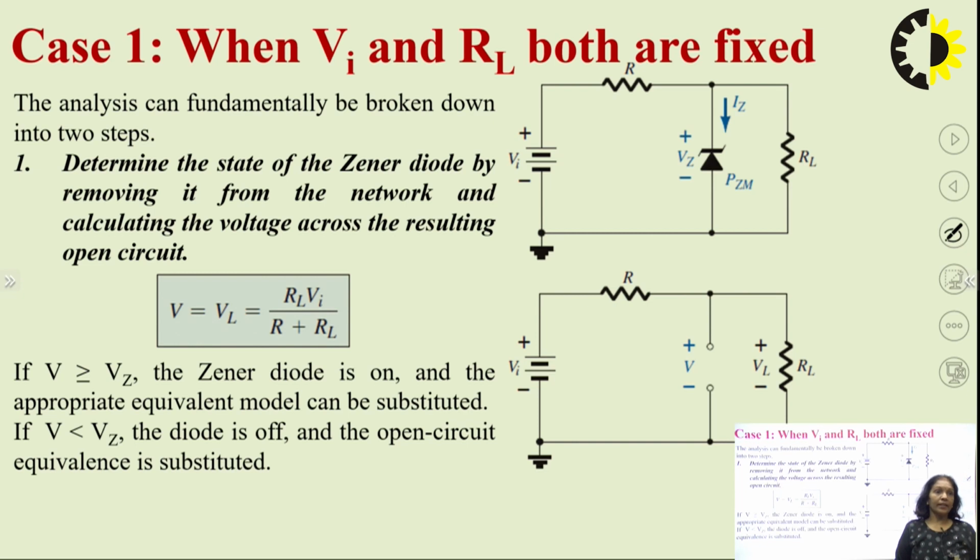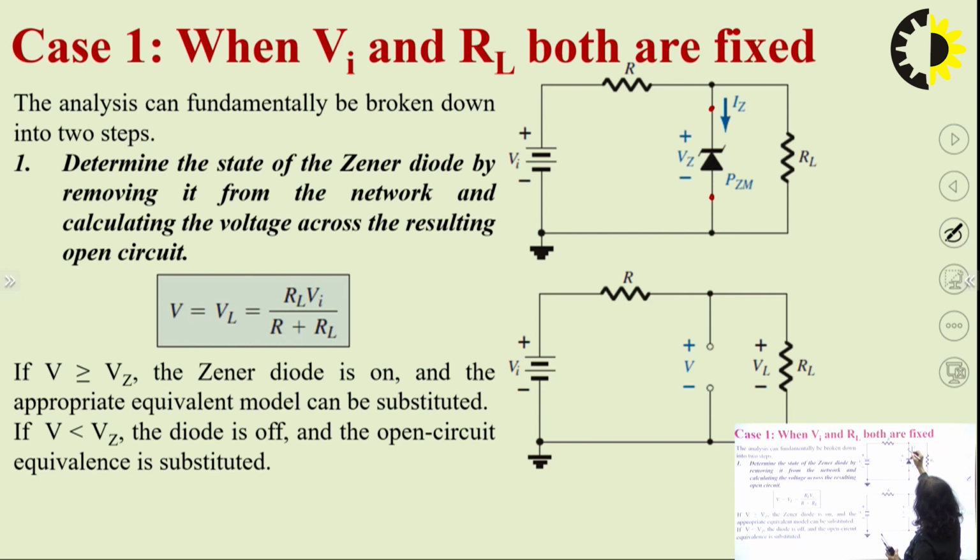So how do we start the analysis? The analysis is divided into two steps. First of all, we have to determine the state of the Zener diode, whether it is in the on state or the off state. Vz is the designed value of a particular Zener diode.